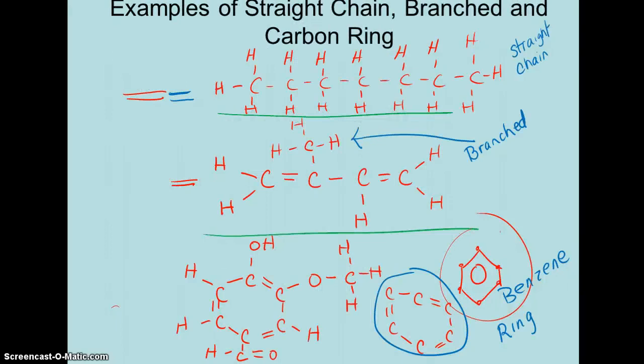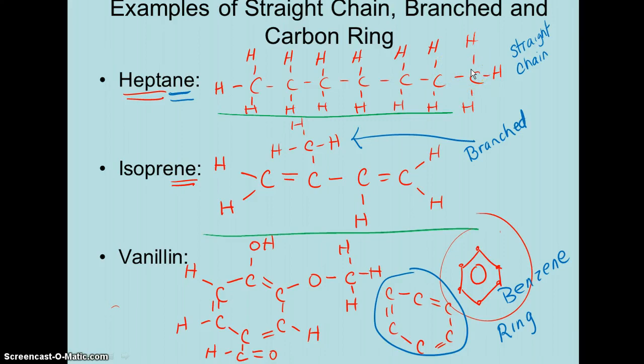A little bit more here, examples of your straight chain, branch, and now I want to throw in the carbon ring. Pull these names up. Here we have heptane, which we just drew a couple slides ago, okay? Here we have how many carbons? 1, 2, 3, 4, 5, 6, 7 carbons, okay?